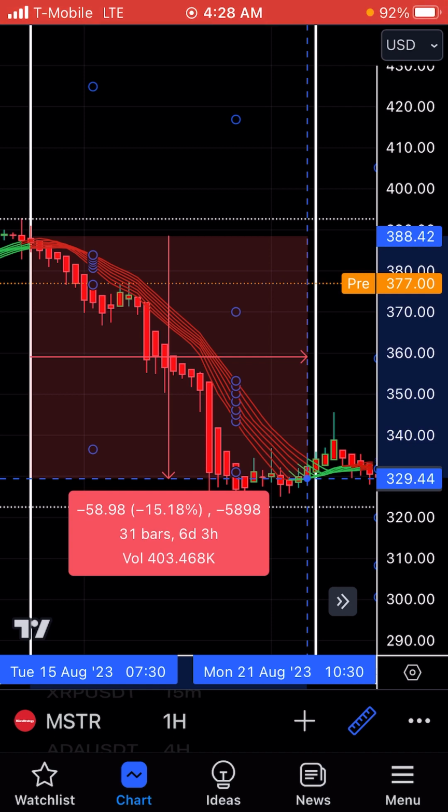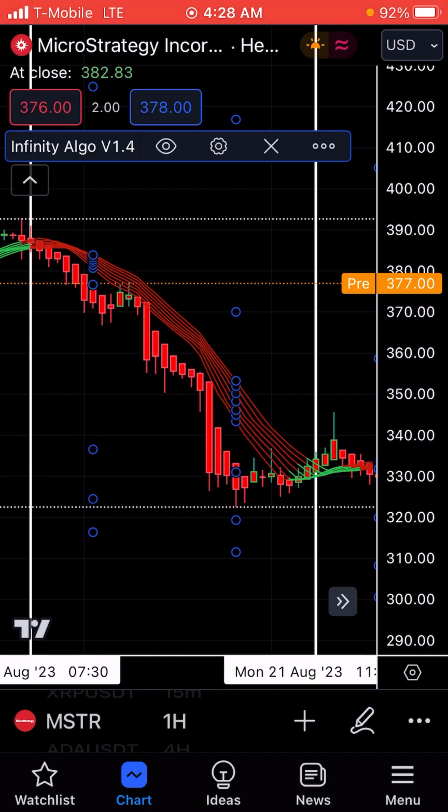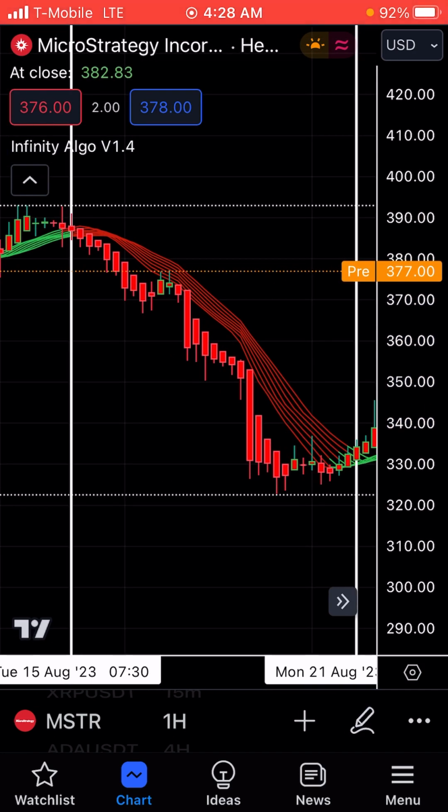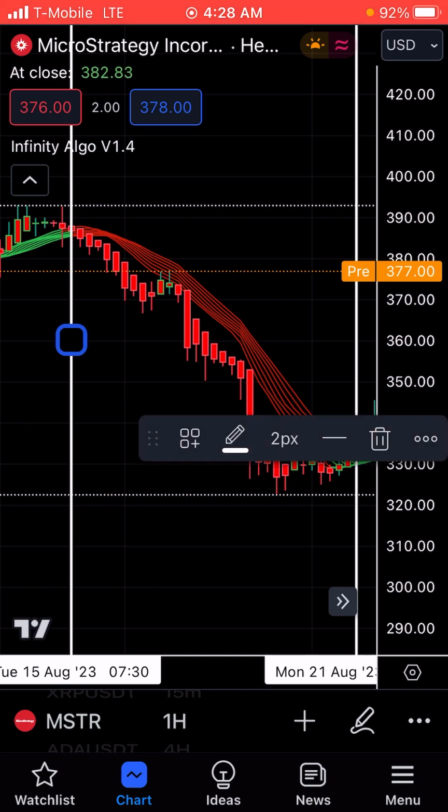You had a $58 difference in price. That is a profit. If you did an in the money contract, that is a profit of $5,898. So these ribbons actually do help a lot. They help you find those good scalping moments.